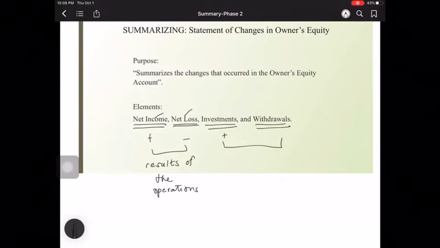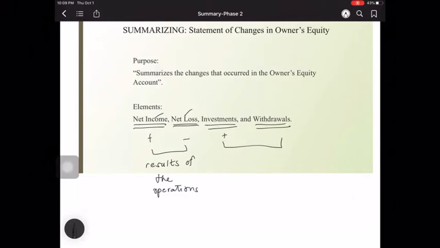For example, the owner or the owners of the business withdraw cash from the assets of the business, for whatever purpose he may want to use that cash. That would result in a withdrawal. An investment is an inflow of an asset or capital, and such an inflow would come from the personal assets of the owner or the owners of the business.